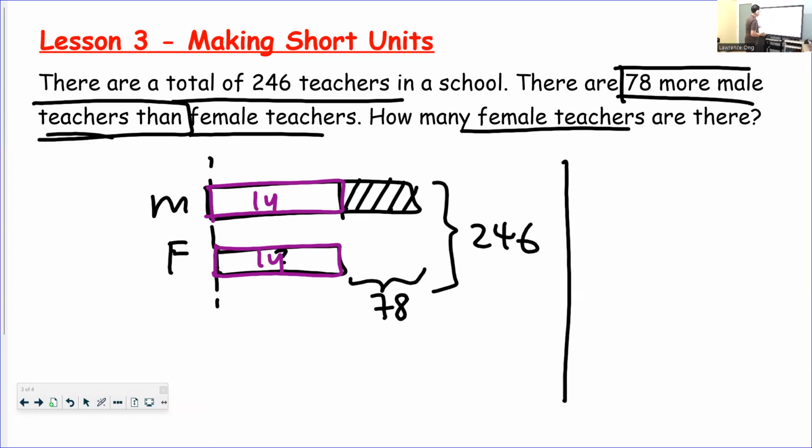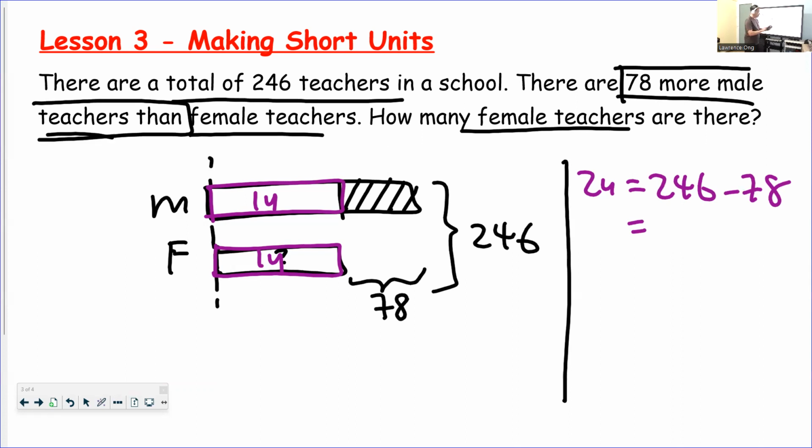So what is the value of these two units? After you draw the model, you will need to have your unit statements. Two units will be equal to the total, which is 246, minus 78. When you cut away the longer part, the total becomes smaller.